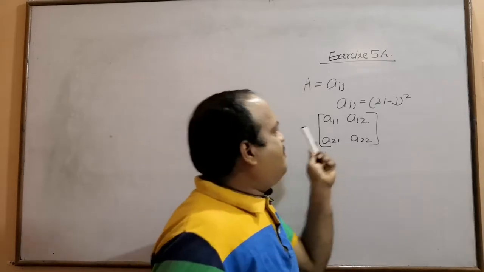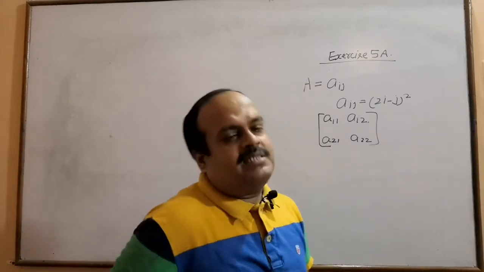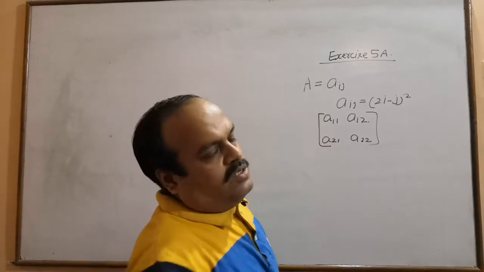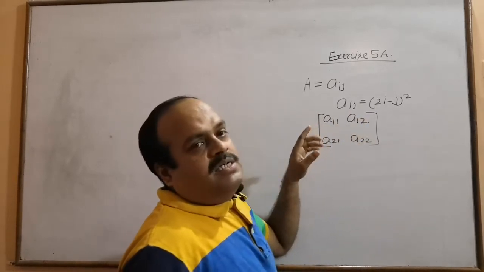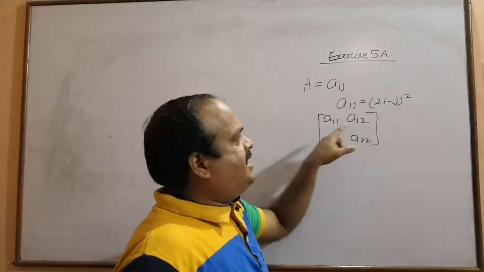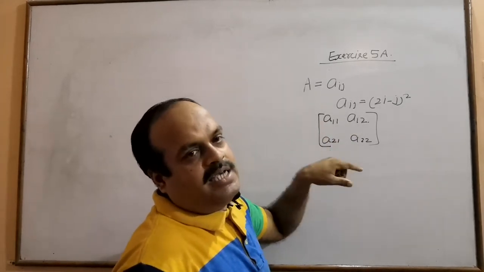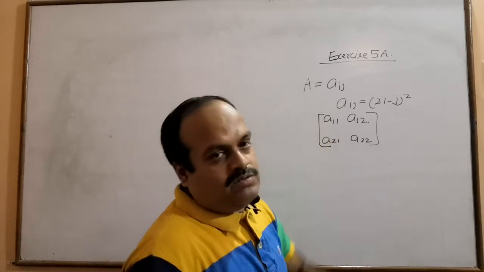These are the elements of the matrix A. Each element indicates the value of i and j. You have to just read it out.